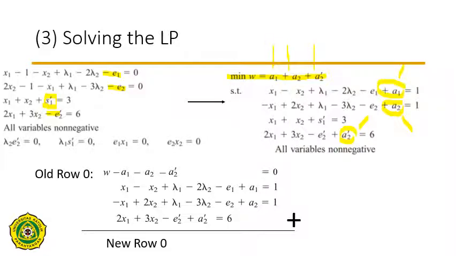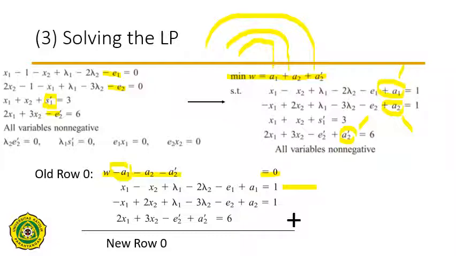First you move A1, A2, and A2 prime all to the left hand side. Now it looks like this: W minus A1 minus A2 minus A2 prime equals 0. Now you want to get rid of minus A1. What you can do is add 1 times the first row to row 0.